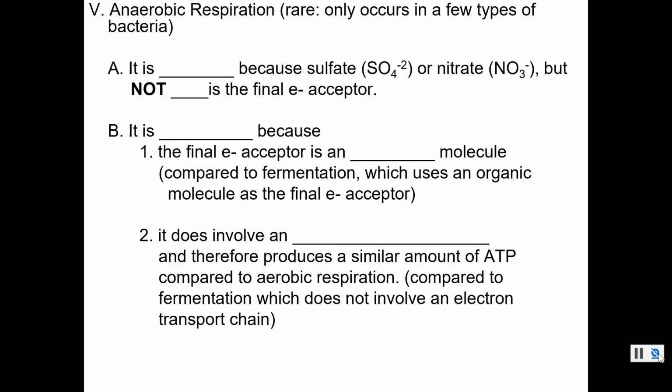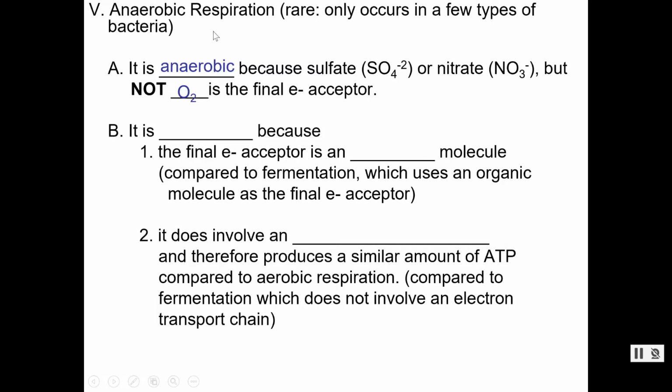Respiration, let's go back to the PowerPoint now. Respiration is when you use an inorganic molecule as the final electron acceptor. So anaerobic respiration, rare, few bacteria, uses an inorganic molecule as the final electron acceptor. Sulfate is inorganic, nitrate is inorganic, oxygen is inorganic.